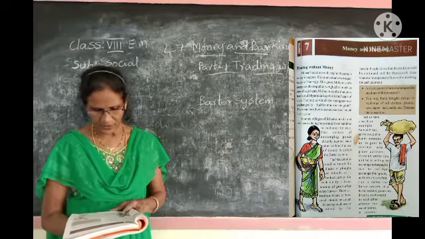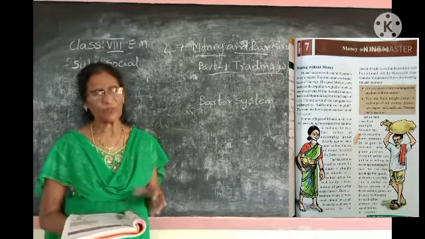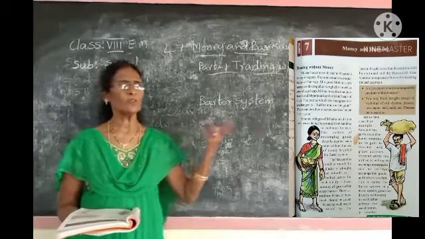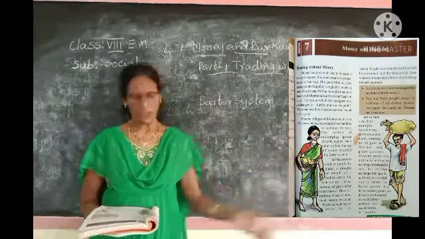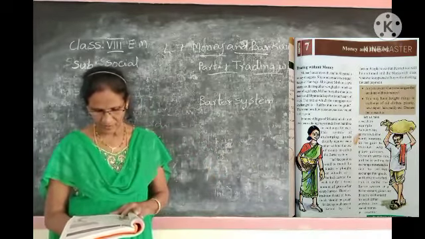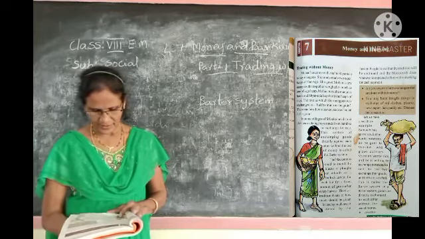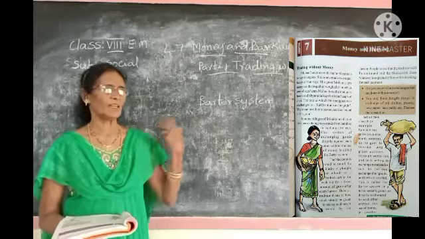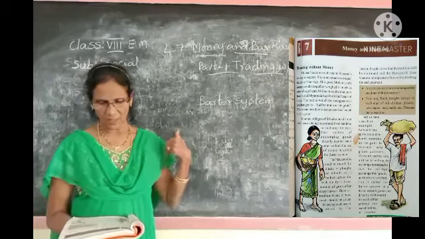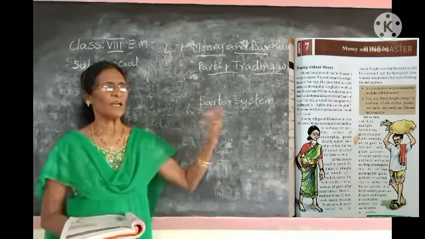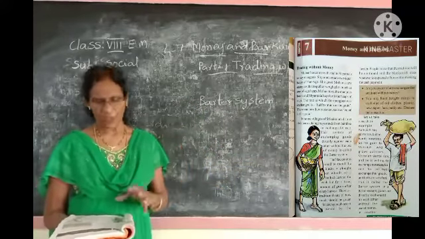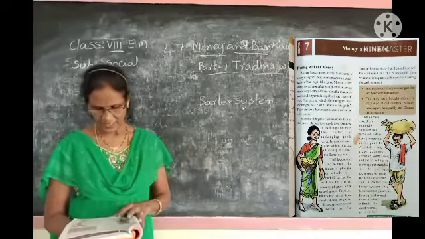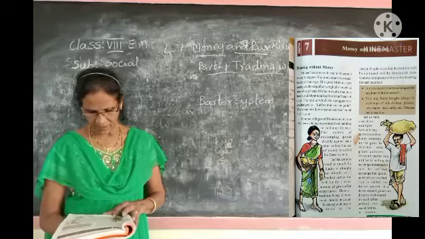And he is willing to exchange potatoes for rice. So the two exchange their goods and both are satisfied. Ramaya gave rice to him and he gave the potatoes to him. Both are satisfied.